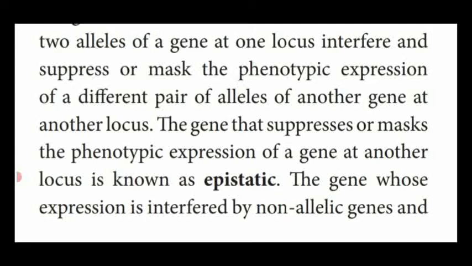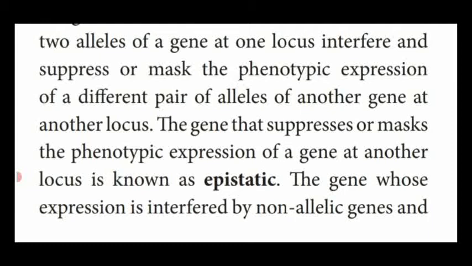For example, you are all studying in 12th standard C section. If you take two students, all of them sitting in the same classroom, that is the chromosome. One girl is sitting in one place, that is the locus of one gene.